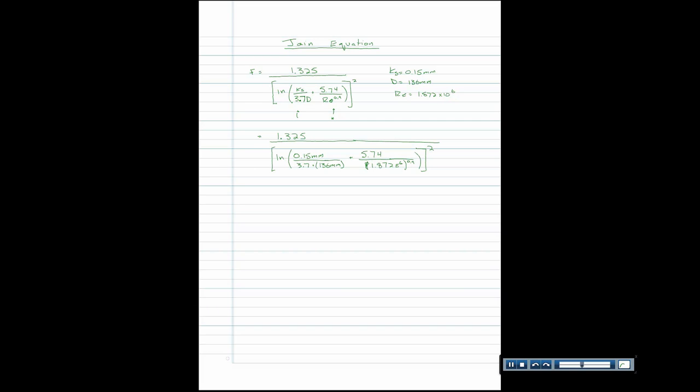Okay, we will put that into our calculator here: 1.325, 0.15, 3.7, 136. So this term right here is 2.981 times 10 to the minus 4th. Okay, 1.872 times 10 to the 6th for our Reynolds number.